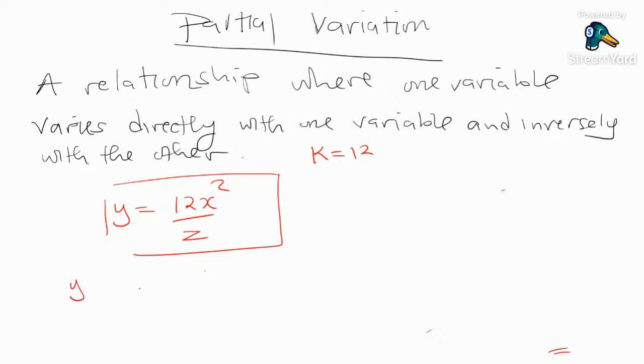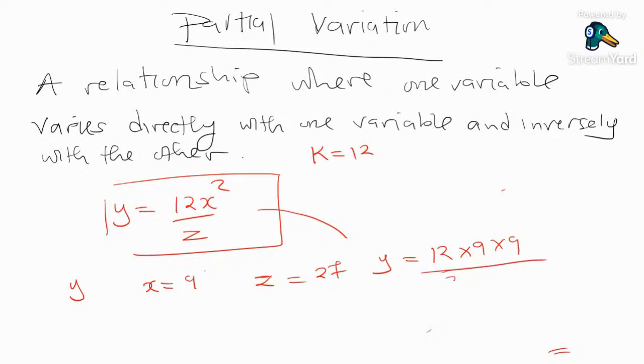They are saying find y when x is equals to 9, and of course z is equals to 27. Let us find y. So we use this one. Where there's x, we put 9. So 12, 9 square, which is the same as 9 times 9 over 27.